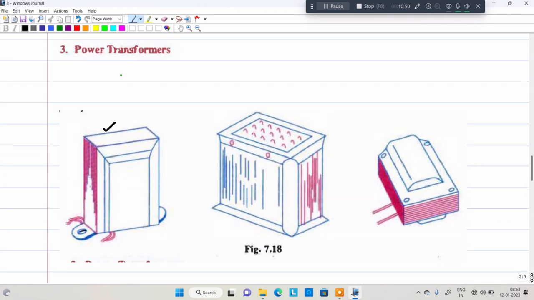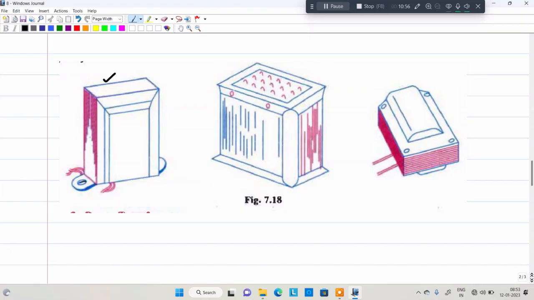What exactly the power transformer is doing, as already mentioned, is transferring power from one circuit to another circuit, as well as providing step up or step down of voltages. We can use this type of transformer for both. These transformers are used in power systems and industries also.